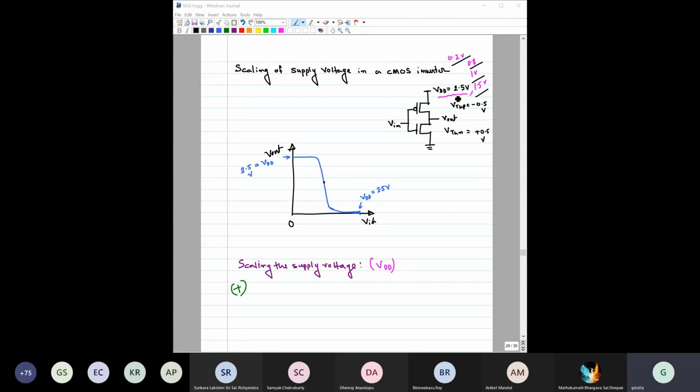So if you reduce this 2.5 volt to 1.5 volt, 1 volt, 0.8 volt, 0.2 volt, then what do you think is going to happen? Yes, Dheeraj. I hope you have understood my question. Yes, sir, I understood your question. Then what is your opinion?